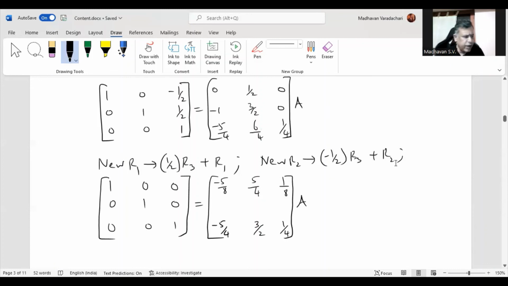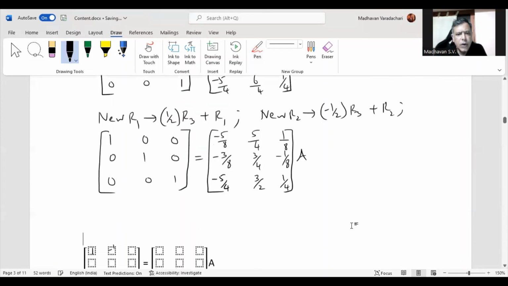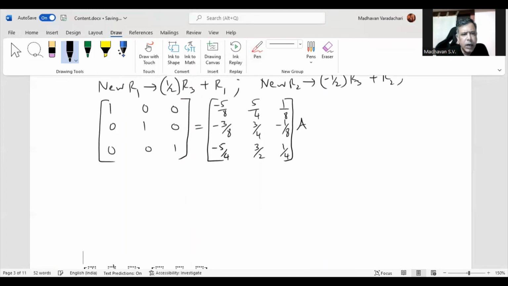Same way, this one, if I apply, I will have minus 3 by 8 and 3 by 4 minus 1 by 8. So now already this has become identity matrix is equal to, this is A, that means this has to be definitely A inverse.